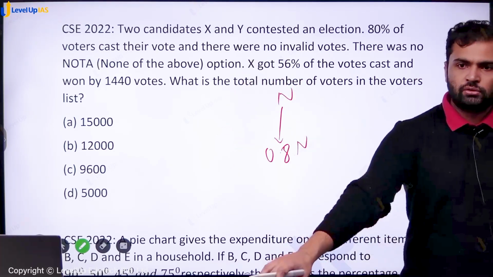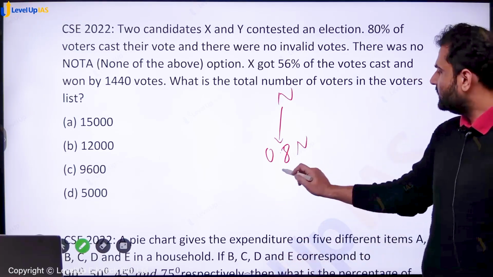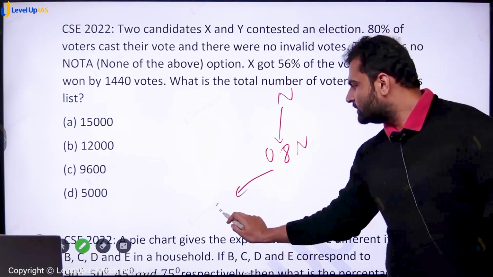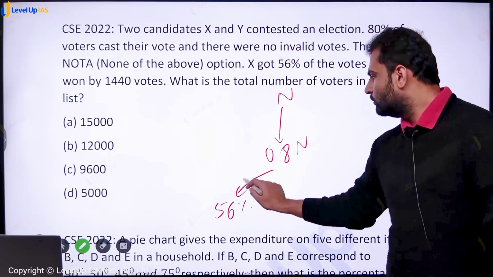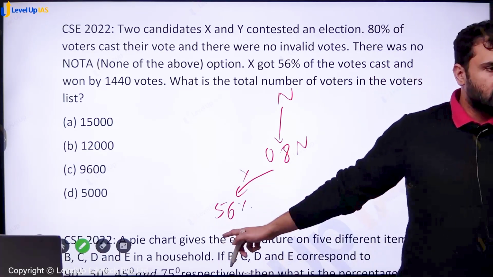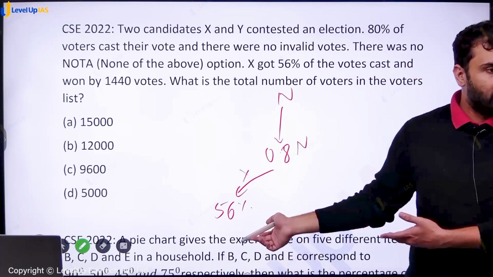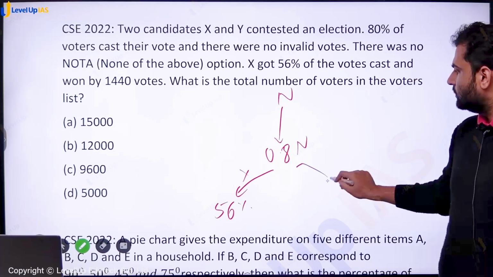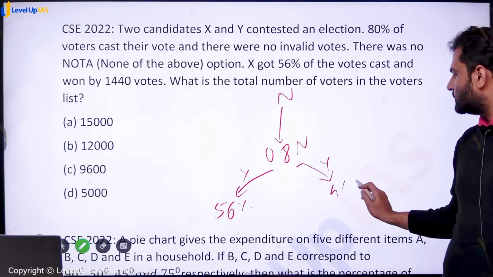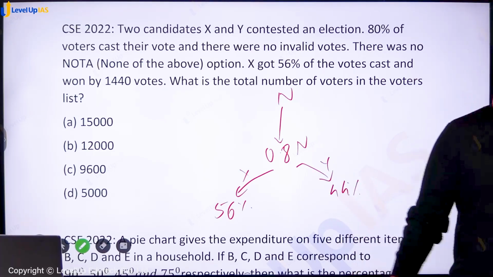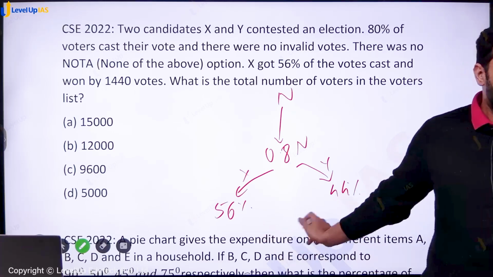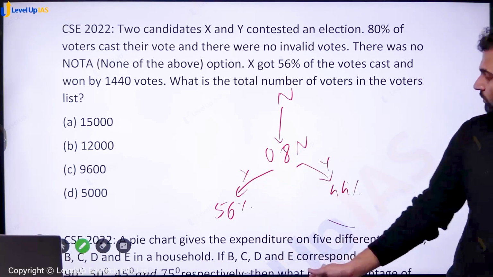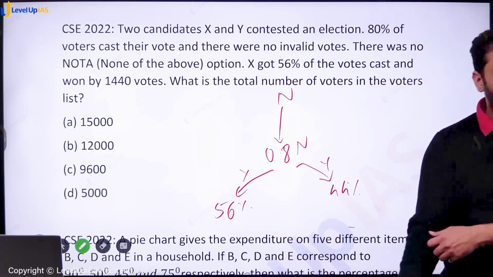So vote either goes to x or y. And here they say 56% votes were given to x. So remaining would be to y, which is 44%. Because there is no nota, there is no third candidate. So 56% उसको, तो बचे हुए y को जाएंगे votes. No problem.